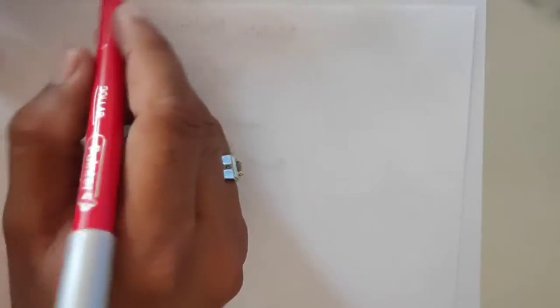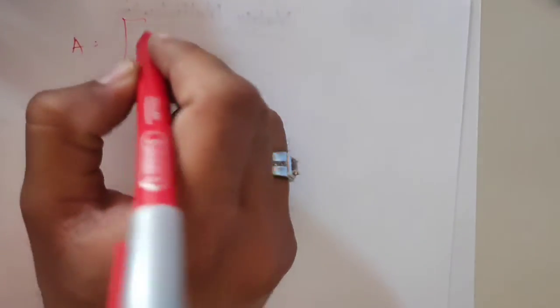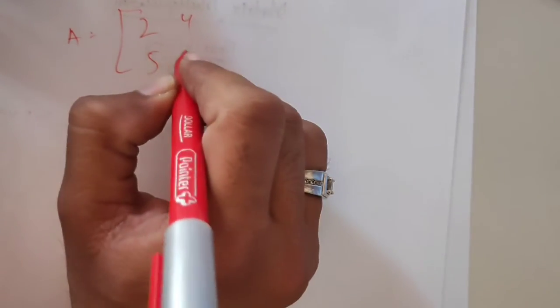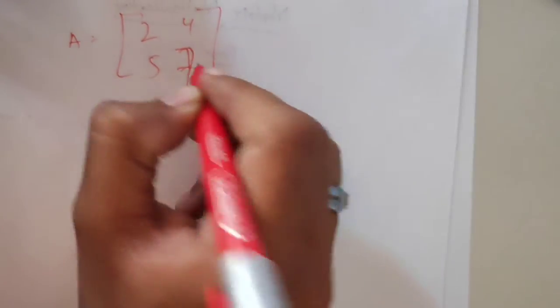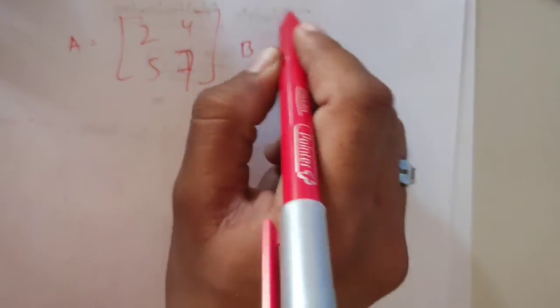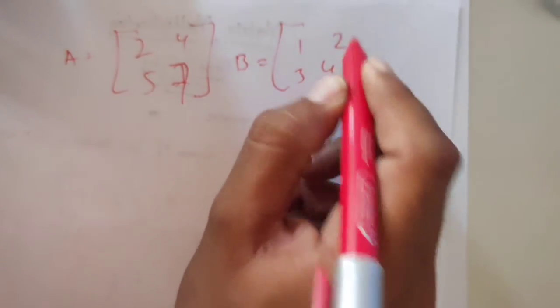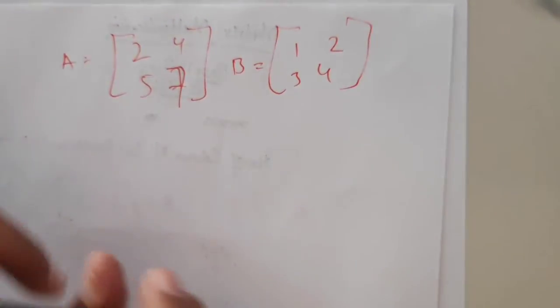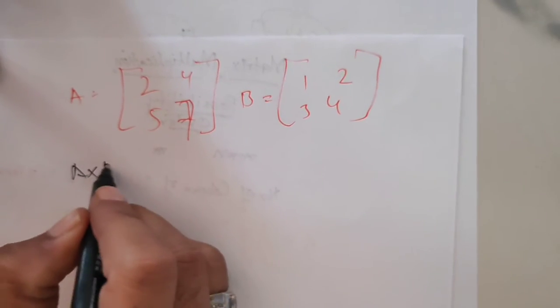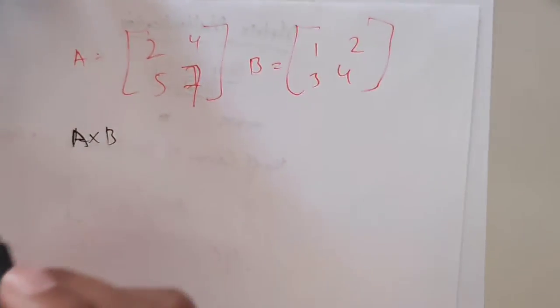Taking another example, you can easily understand. Here A is 2 4 5 7, and the second is B, 1 2 3 4. Multiplication is possible because both have the same order, 2 by 2 and 2 by 2.